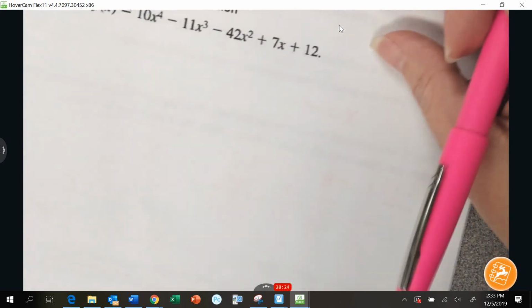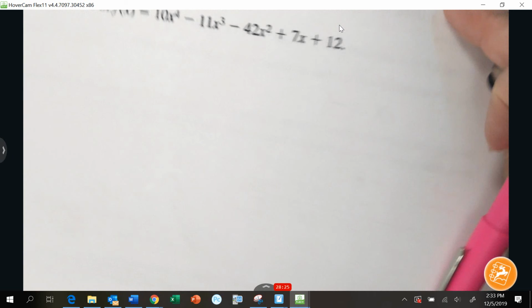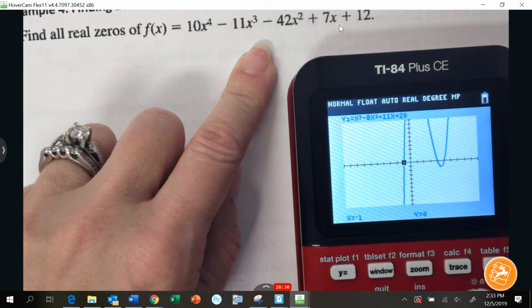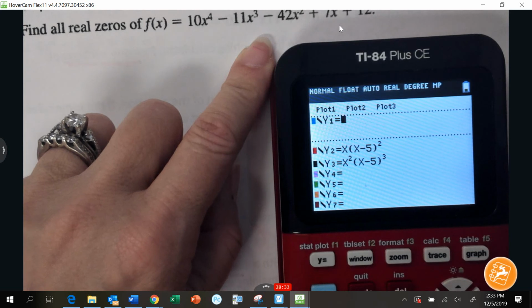My guess is this one probably has some multiplicity on it. We have like an extra minute. Let's graph this one on our calculator because I think it might have multiplicity. So I want to show you that.